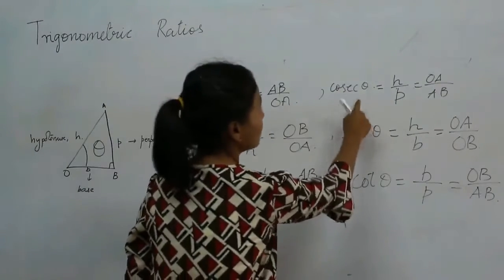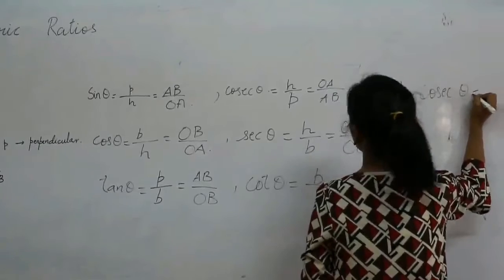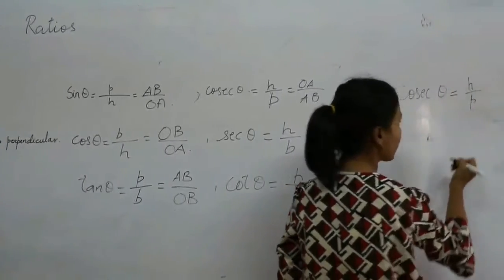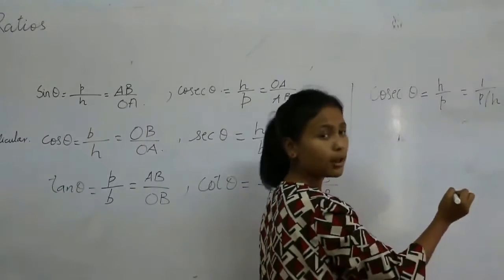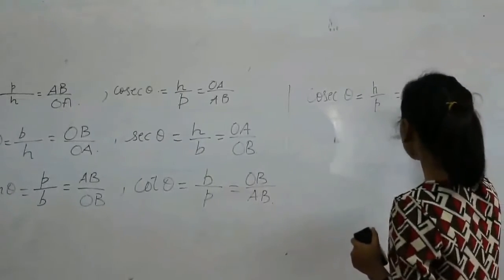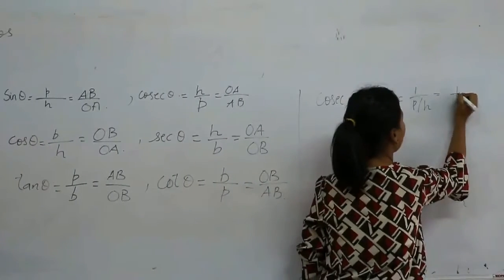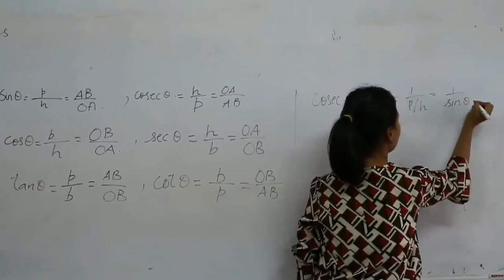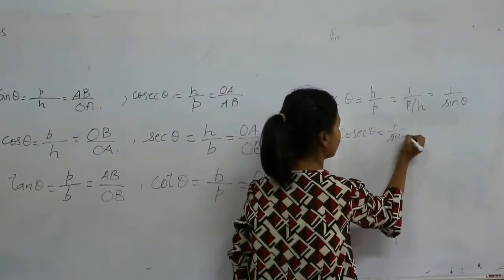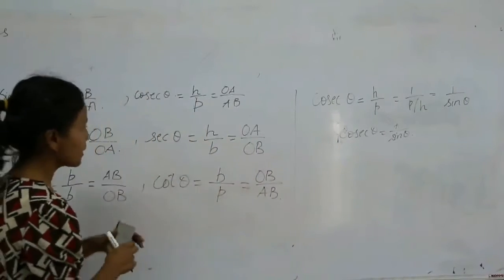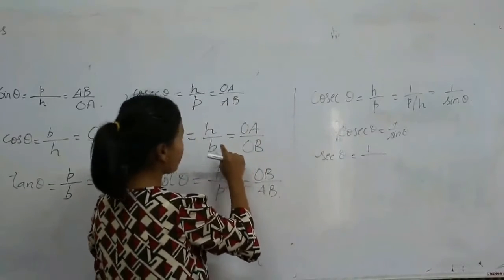You can see from here, cosec theta is equal to hypotenuse by perpendicular. So you can also write 1 by perpendicular by hypotenuse. 1 by perpendicular by hypotenuse is sine theta, so you can write 1 by sine theta. Cosec theta is equal to 1 by sine theta. Next, sec theta can also be written as 1 by base by hypotenuse.